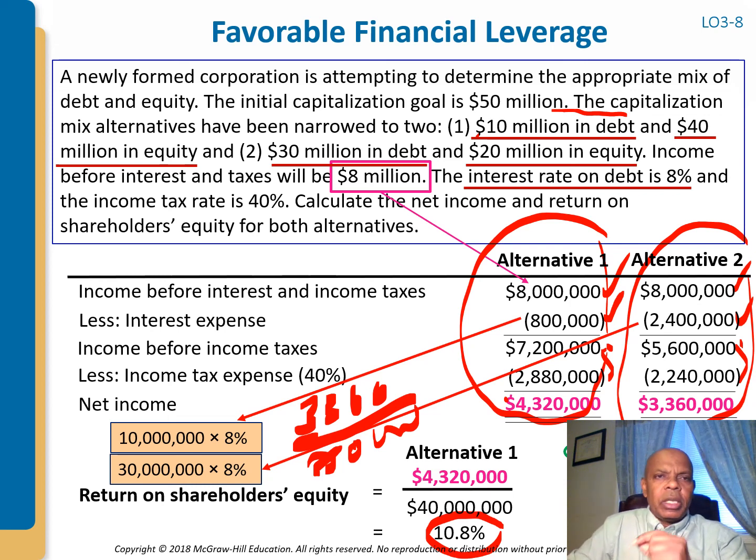Okay, let's take a look. Actually, when you divide 3,360,000 by 20 million, you get 16.8, right? 16.8. So which one is better now? If you look at that, it's better to borrow more money, right? Borrow 30 million rather than 10 million like in the previous option, alternative 1.